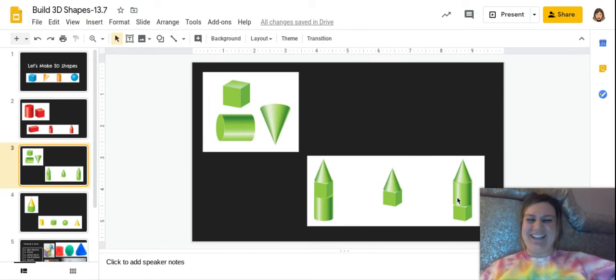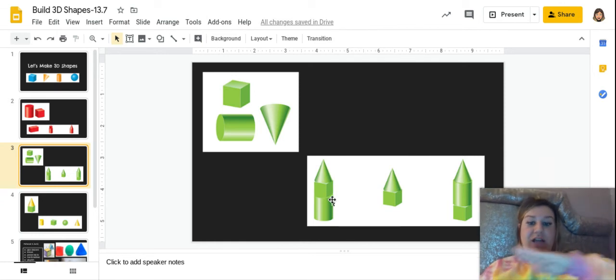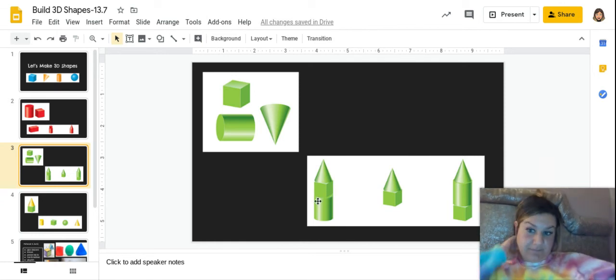I gave you a little hint. So, did I use all three of my shapes to build this? Yes, that's right. And also notice, it doesn't matter if I stacked my cylinder on top of my cube or put my cube on top of the cylinder. Either way it works because they both have that flat surface.